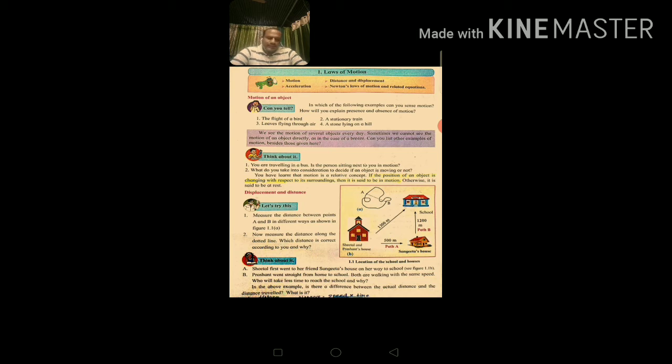Sheetal goes 500 meters first, path A, to Sangeeta's house, and then path B, 1200 meters. This 1200 meters plus 500 meters is a total distance of 1700 meters, but Prashant goes only 1300 meters in a straight line.